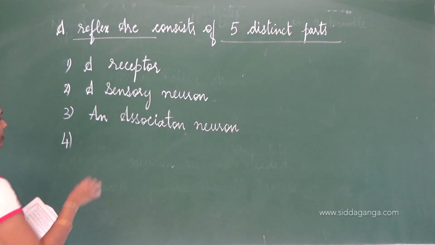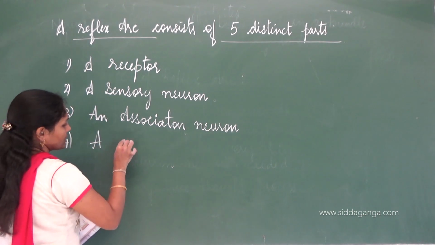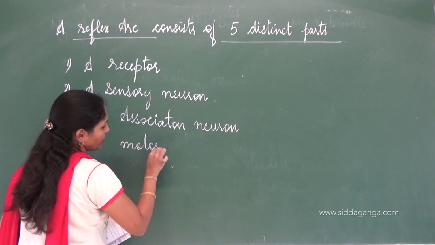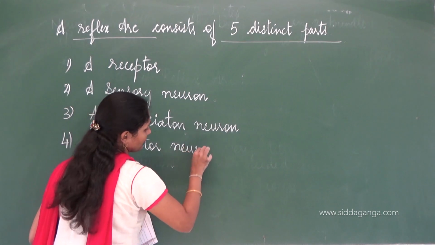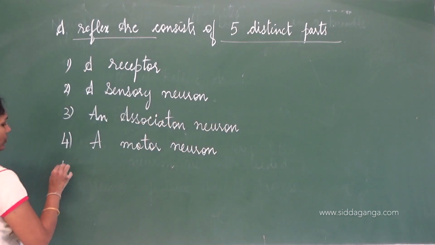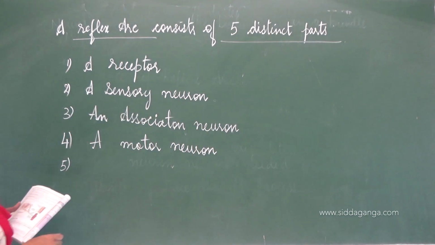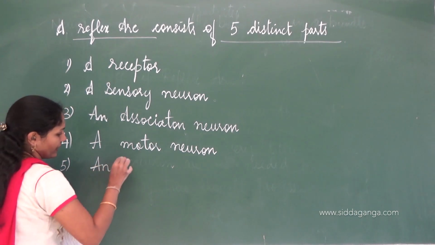From the association neuron, the impulse must move on to the motor neuron, and from the motor neuron, a response is seen, or an effector.